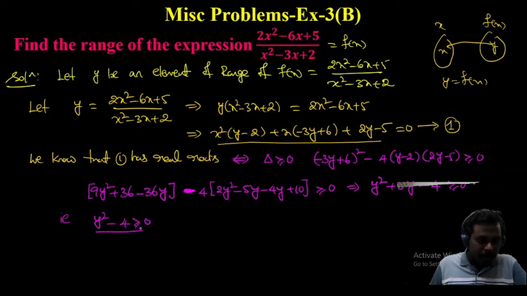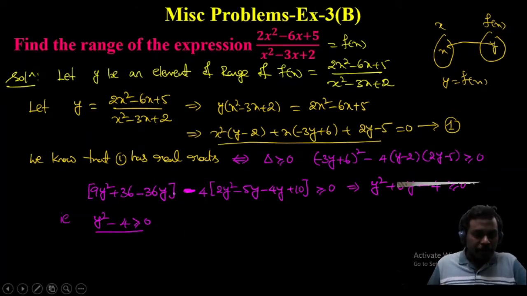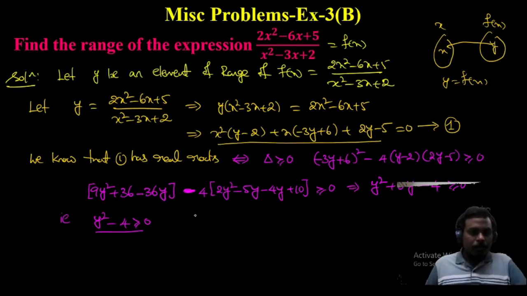From here onwards, we get into the previous problems. Now this y square minus 4 can be written as (y minus 2) into (y plus 2) greater than or equal to 0. Here alpha is equal to minus 2 and beta is equal to 2.